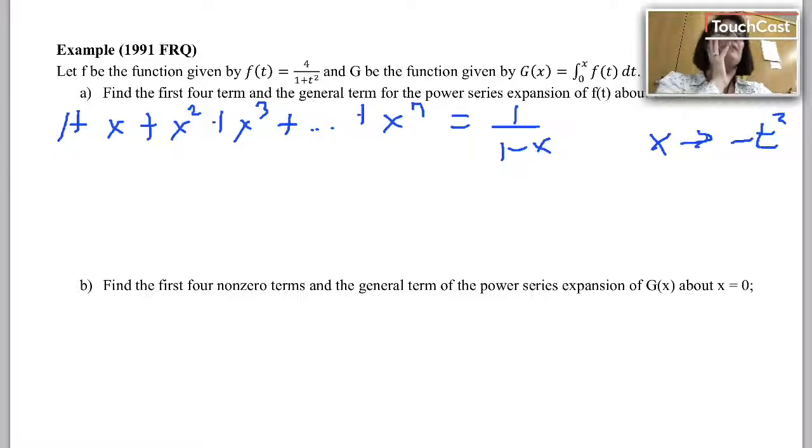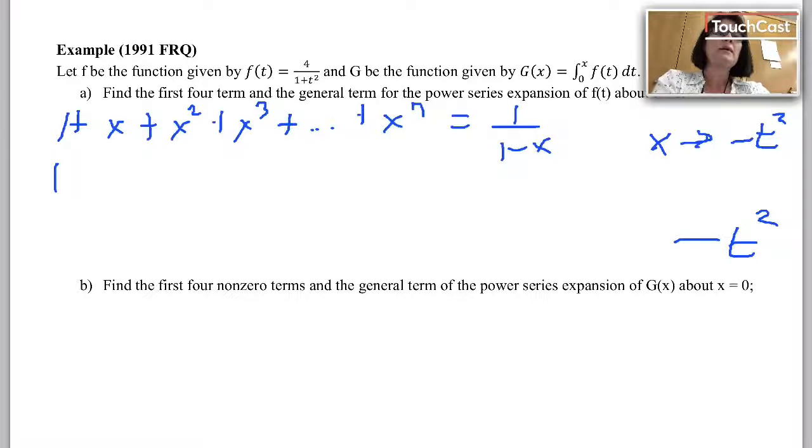The thing getting subtracted from 1 is supposed to be my common ratio. That means the common ratio is going to be negative t squared. So I'm going to replace all of my x's with negative t squareds. I'll do the times 4 on the next step.